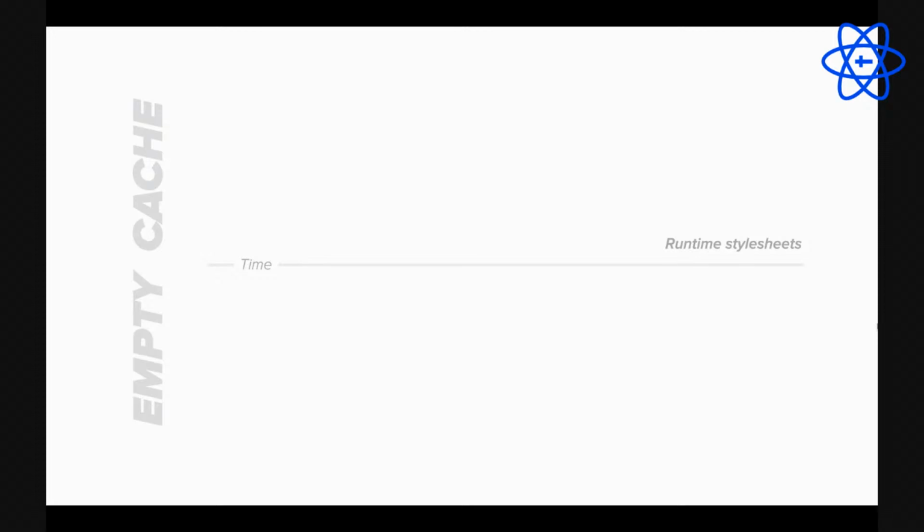And finally let's look at how a typical waterfall chart looks when loading a page. On top we have the runtime style sheets, on the bottom we have the static CSS extraction, and we are considering an empty cache. So nothing is cached at the moment, so everything needs to be downloaded.